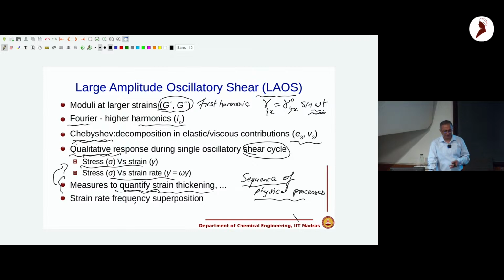And presumably then you can get ideas of dissipation from how G double prime varies. You could get ideas of whether it's predominantly elastic or not, and so on. So I'll spend briefly some time on that, and I'll skip through some of the details related to these earlier measures.